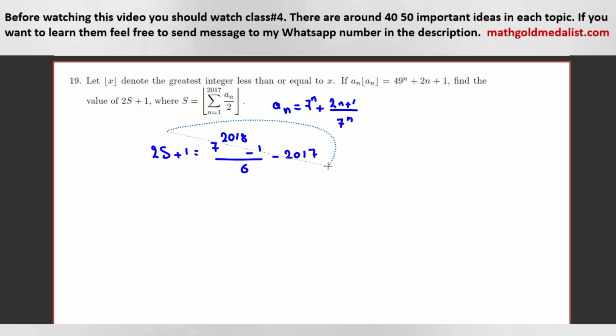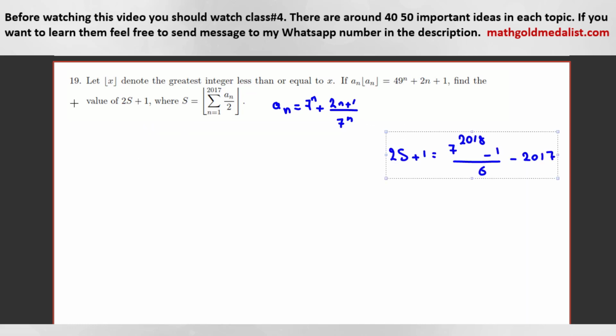Let's try together. Let me just ask you something. Can you tell me 1 plus r plus r squared up to r to the n is what? It's (r^(n+1) minus 1) over (r minus 1). Yes. But sometimes we have coefficients, and for other identities we can use that.